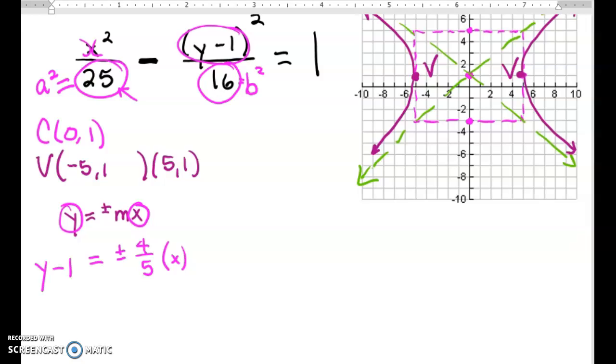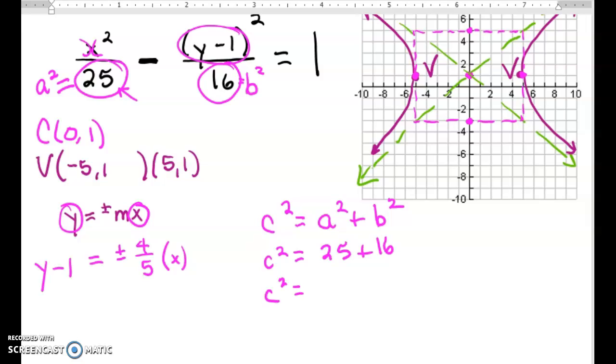Let's find the foci. The foci of a hyperbola will lie inside the hyperbola somewhere. I always use little x's to denote the foci. They'll be inside the hyperbola, so in the interior. So we're going to count from the center, little c to the left and little c to the right. This time, little c is found by using the Pythagorean theorem, a squared plus b squared. So a squared is under the first fraction, so a squared is 25, and b squared is under the second fraction, so b squared is 16.